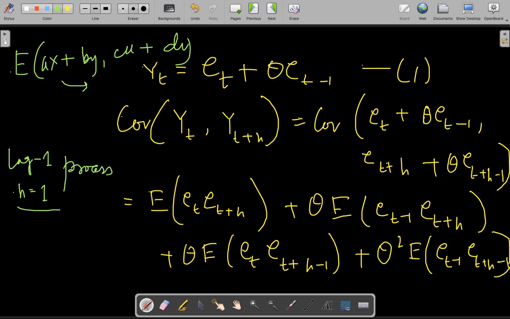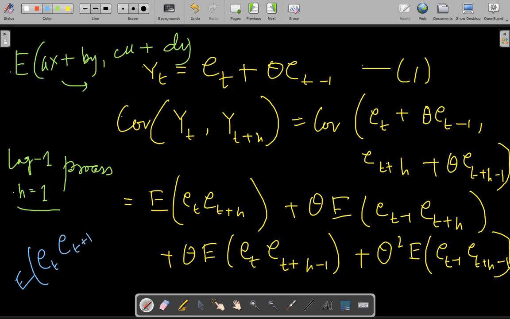Now, what exactly is going to be the value of all these expectation terms if my h is equal to 1? Now, remember that these error terms are independent. So if they're independent, I can write E of the first term, Et, and here I have Et plus 1.